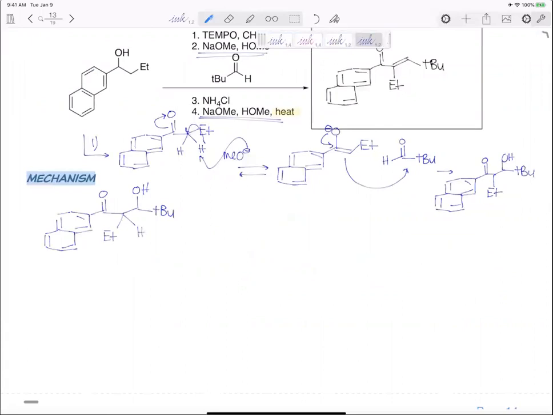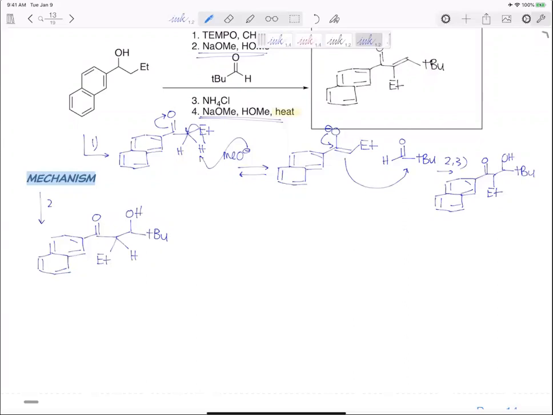This is the hydrogen here. Right? This is what we have from before. This is step 2 and 3. Right, so step 2, 3 comes down to here. Okay, so strong base takes away the proton right there.